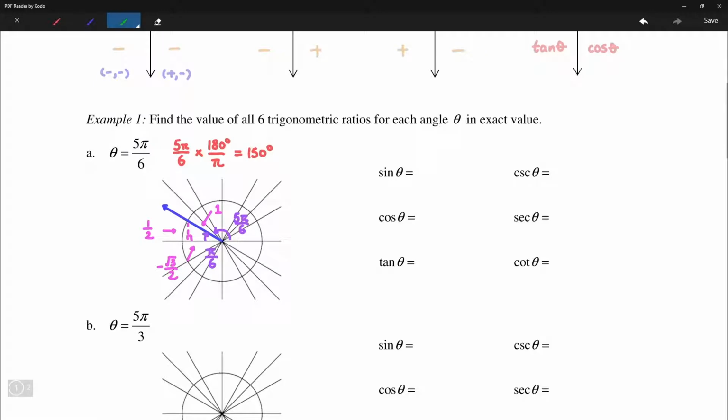So now we have that sine theta is equal to the y value, which is just 1/2. And cosecant being 1 over y is going to be equal to 2. Cosine theta is the x value, which is in this case negative √3 over 2. And then the secant theta value will be 1 over x, which of course is negative 2 over √3.